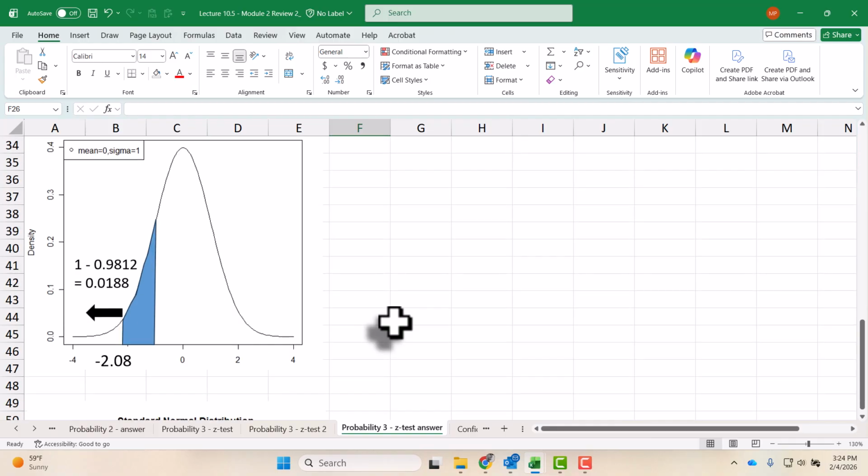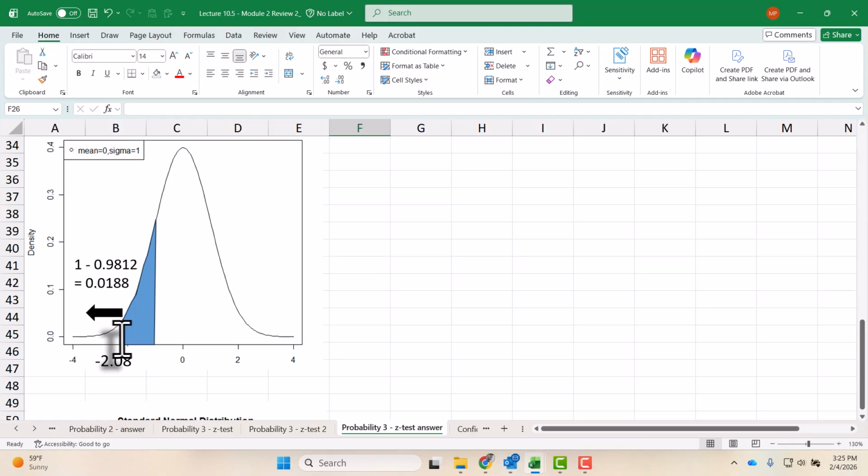If we go to our next z value of negative 2.08, and the value from our table of 0.9812, well again, we're looking at, is the value to the left of our z-score or to the right of the z-score? What we know is that 0.9812 is almost 100%.